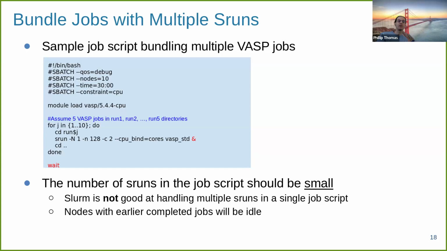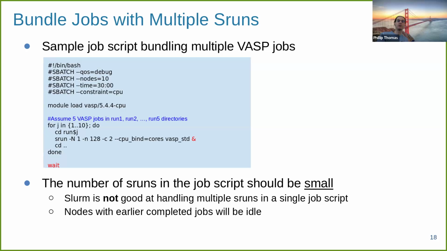I want to caution you about using this technique, though, in that the number of sruns that you put in your job script should be small, or ideally not more than around 10 or so. If you put too many sruns in, then Slurm has difficulty in managing these with the other things that are going on in the queue at the same time.